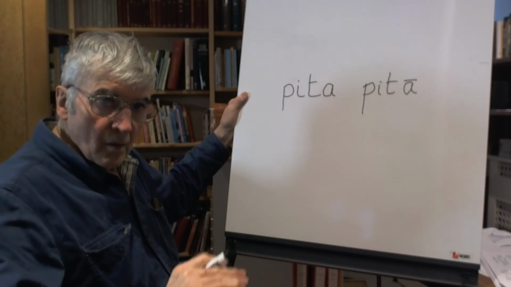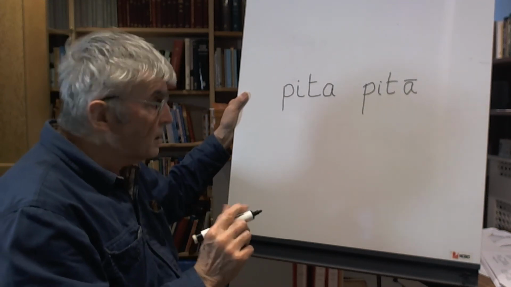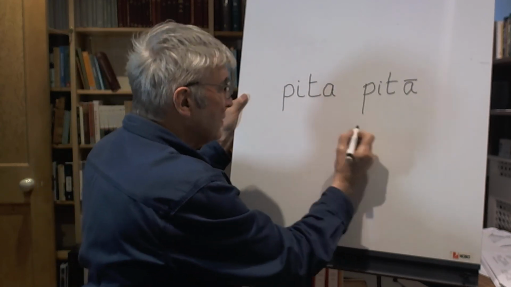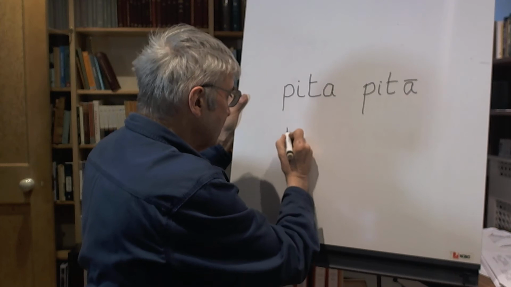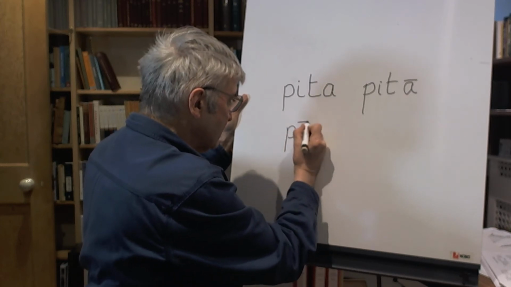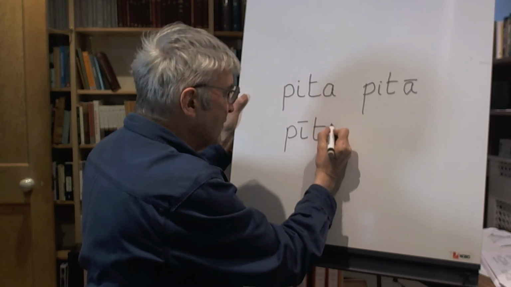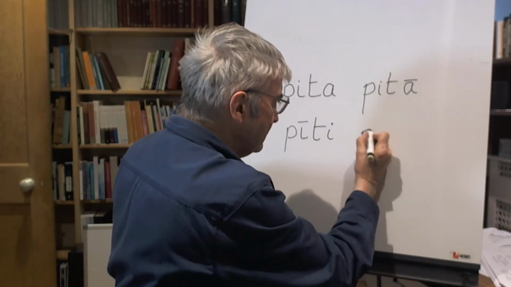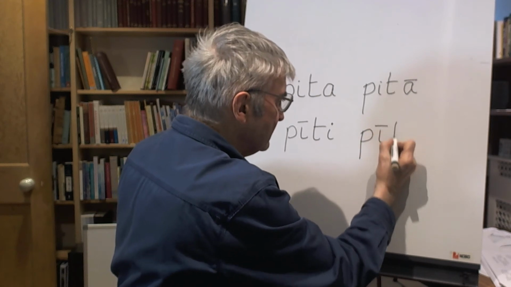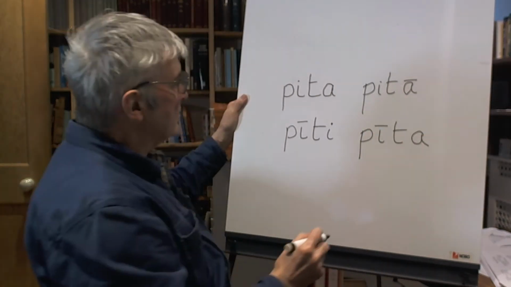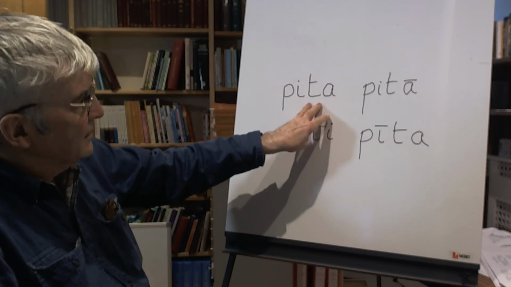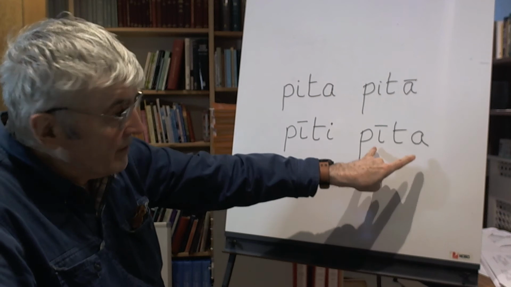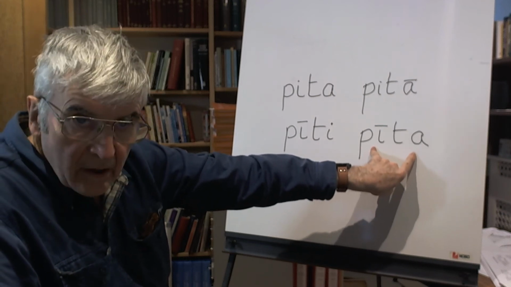The word for joy is piti. The word for full of joy is pita. So here, look: pitta, piti, pita. Pita, full of joy, as an adjective.